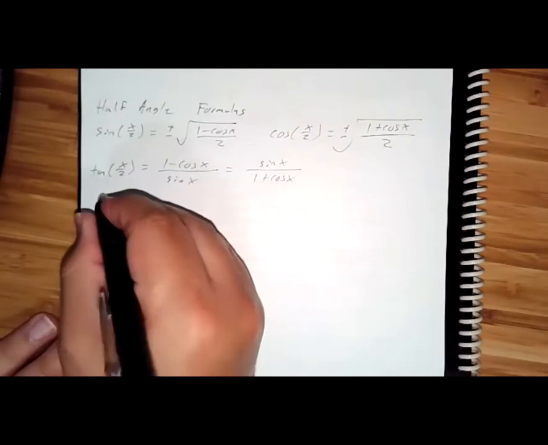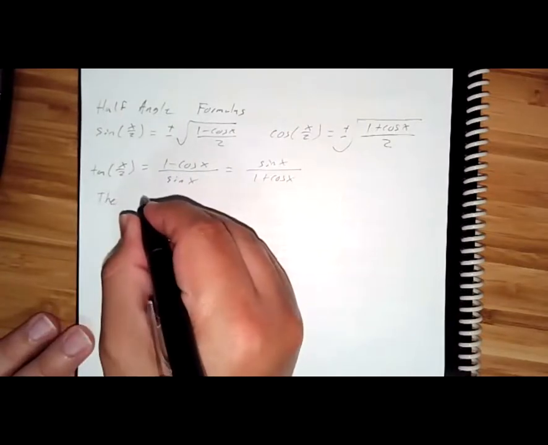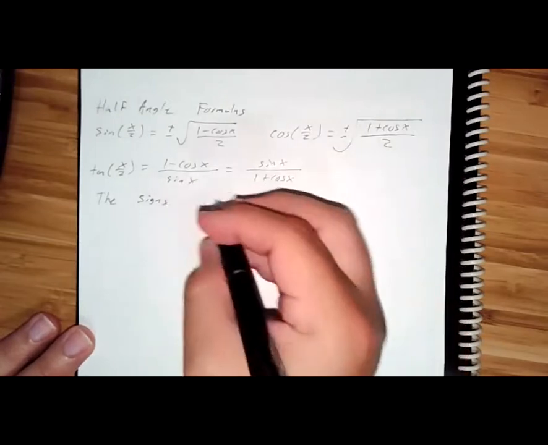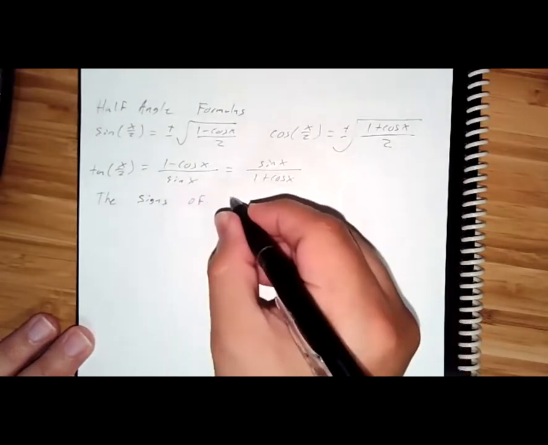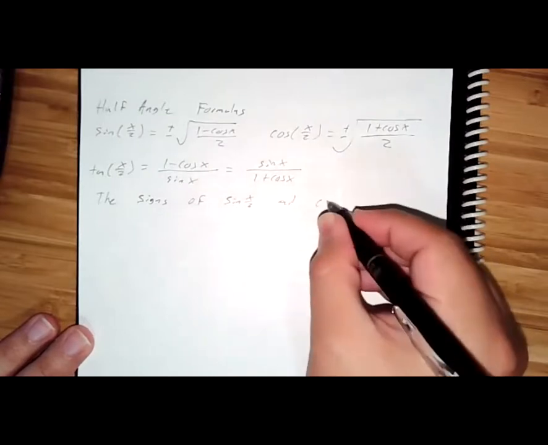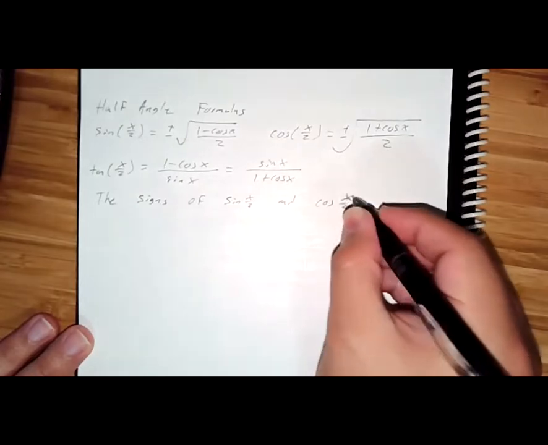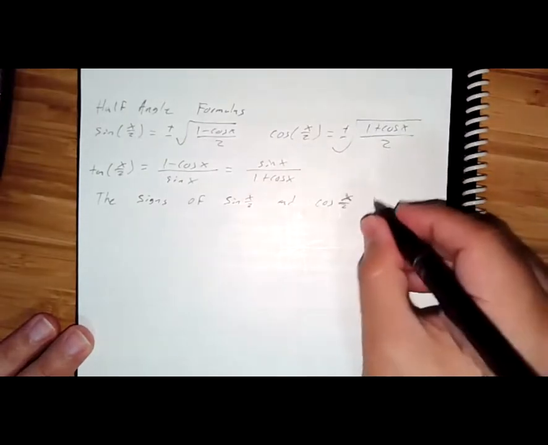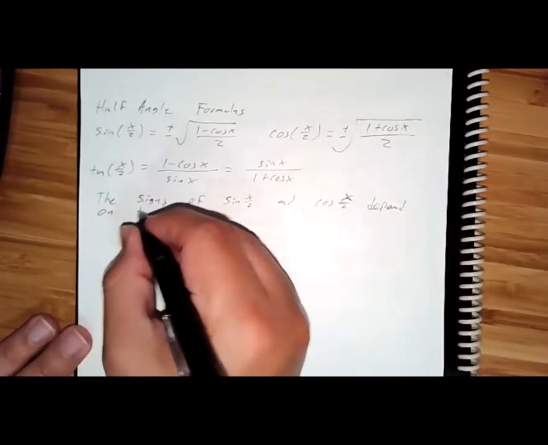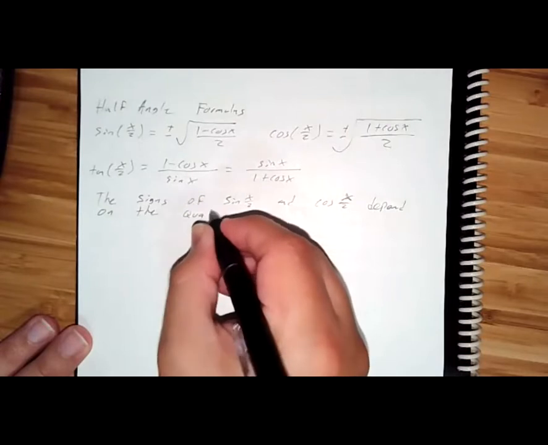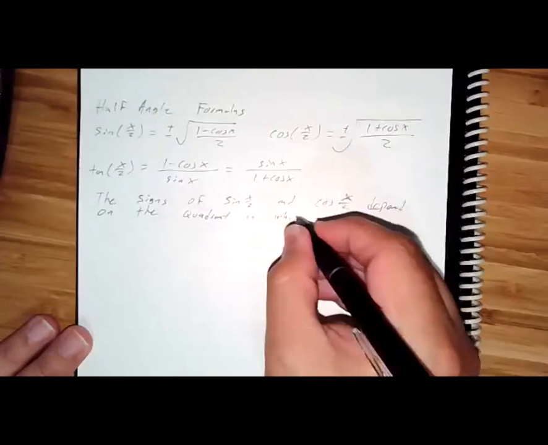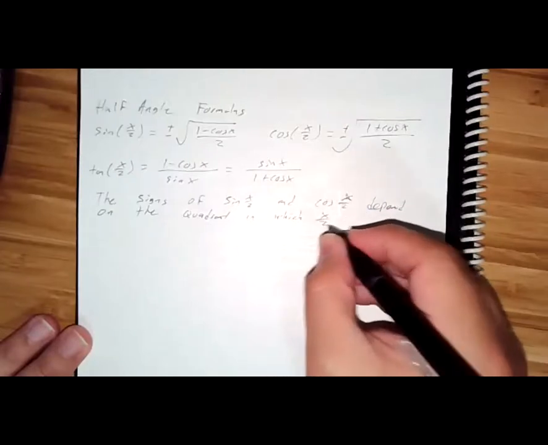And a quick note here. The signs, see how they're plus or minus? The signs of sine x over 2 and cosine x over 2 depend on the quadrant in which x over 2 lies.